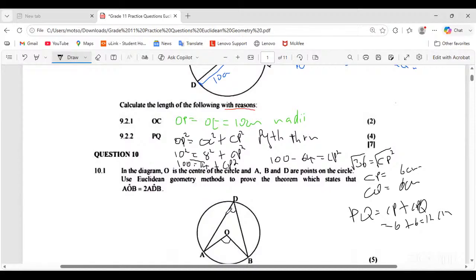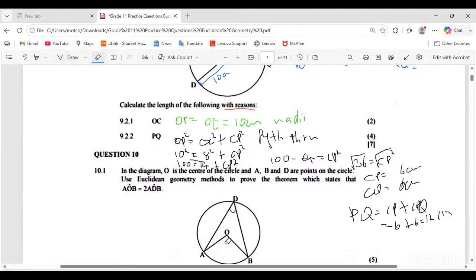He might even require you to prove the tan chord theorem, that the angle between the chord and the tangent is equal to the interior opposite angle that is opposite the chord. So you need to know how to prove those theorems, guys.